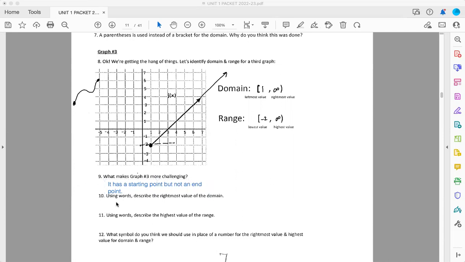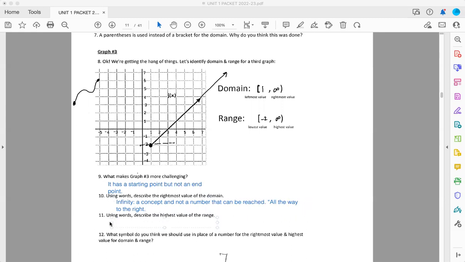Using words, describe the rightmost value of the domain. We said in the domain, this is infinity. Infinity is a concept, and not a number that can be reached. Technically, it's like saying going all the way to the right, if we're talking about domain.